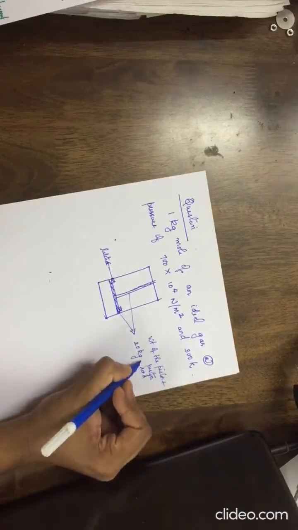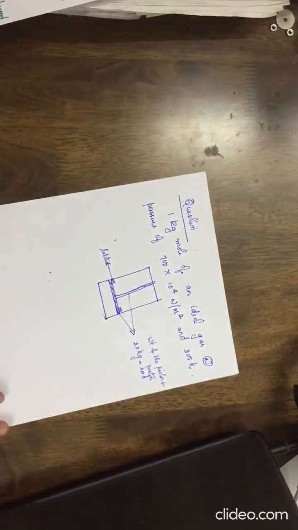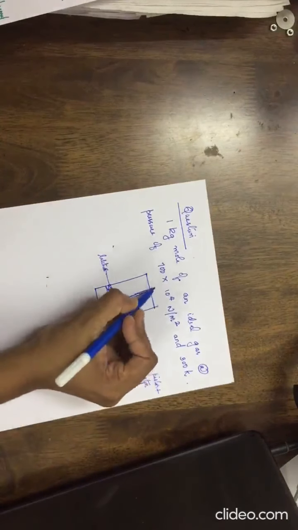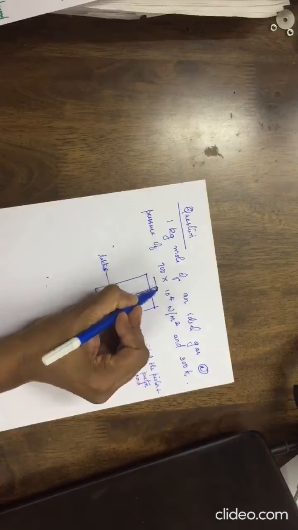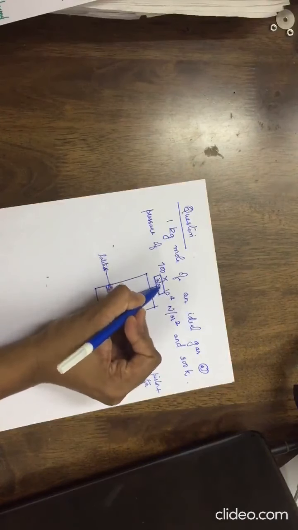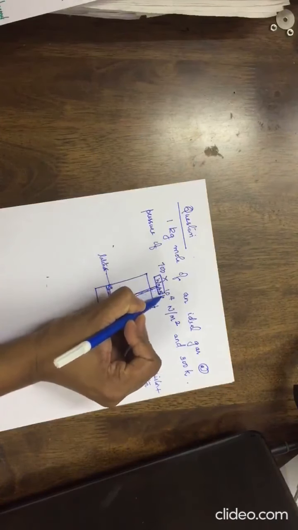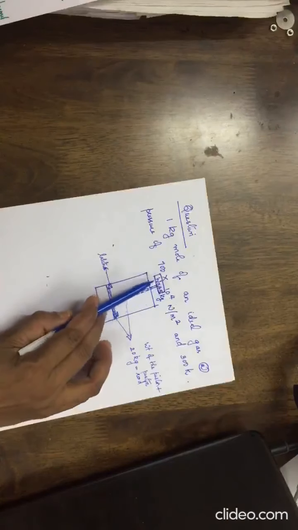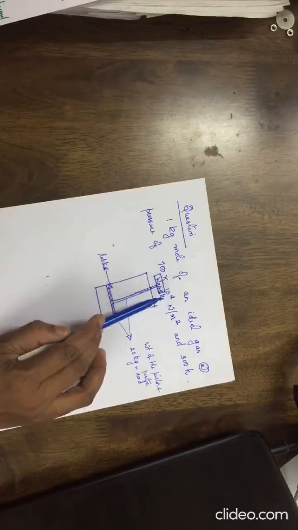And a weight is placed on the top of the piston rod, which is of 45 kilogram.